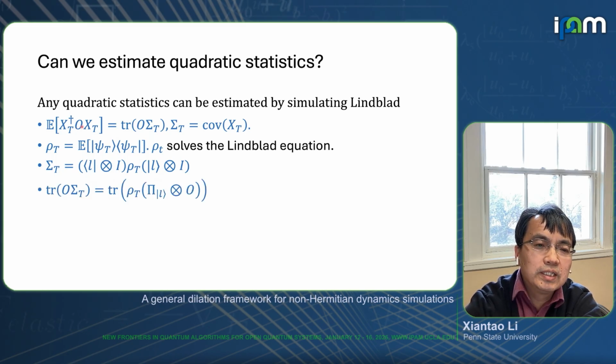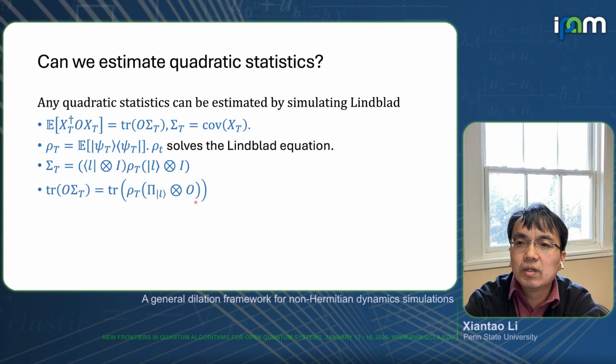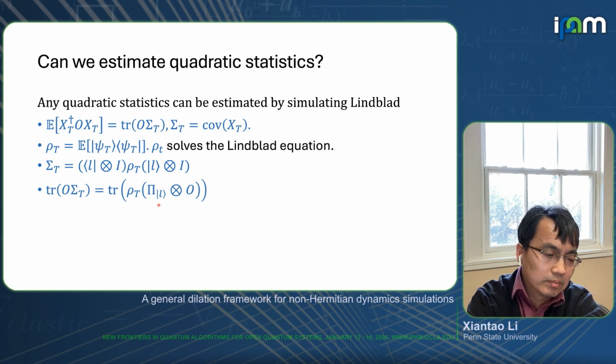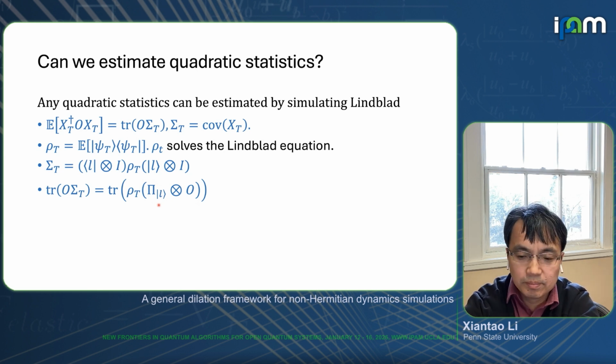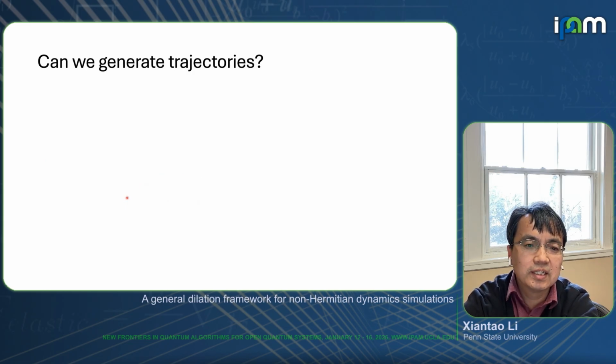Now, if you go back to the quadratic random variable, you can write it as an expectation now, with this being the new observable. This L is not normalized, so this pi is definitely not a projector. But you can apply block encoding and then amplitude estimation to estimate it. So that's one direction you can pursue.